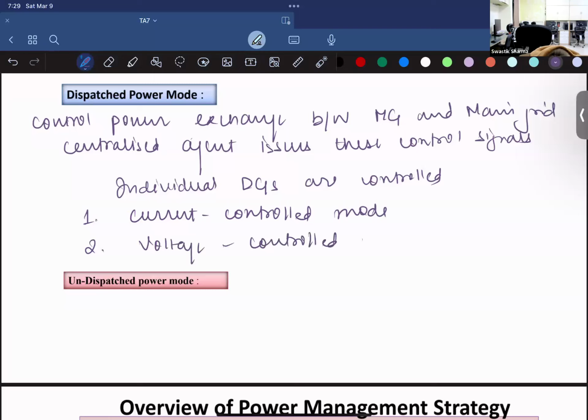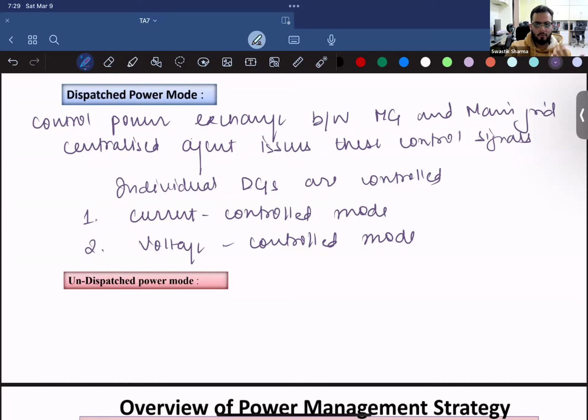As the name suggests, it's quite easy to guess, right? If you have a current control mode, your DG's output current is controlled to track a reference power, and when it does track its reference power, it's able to achieve a control over your power, right?